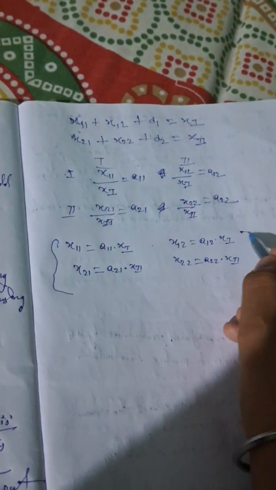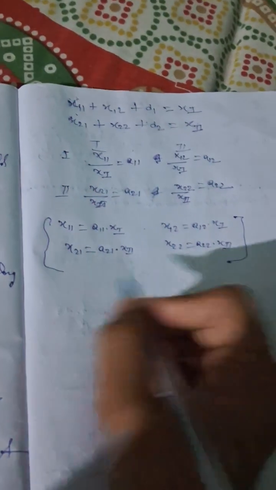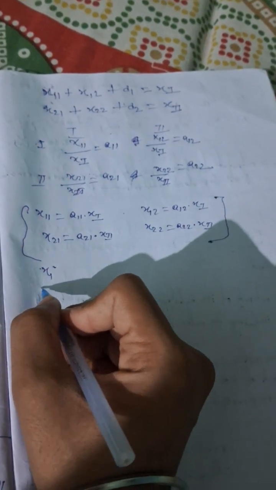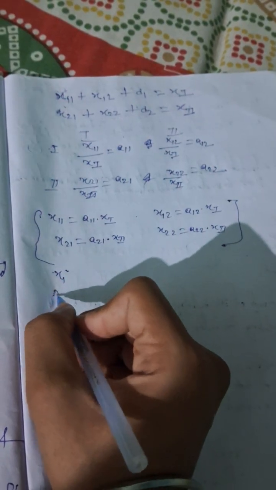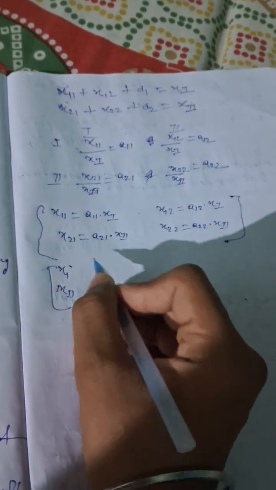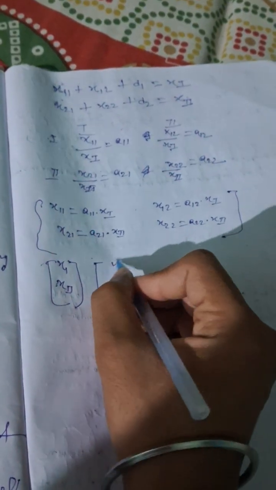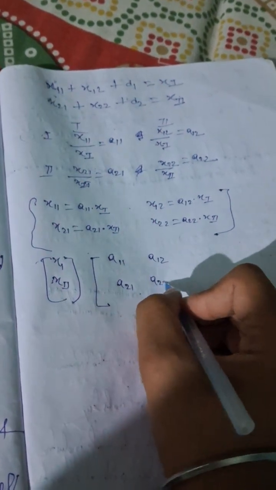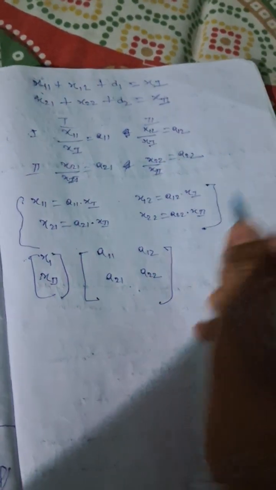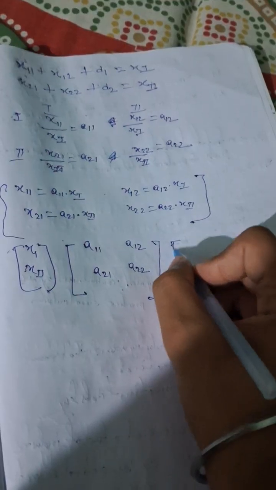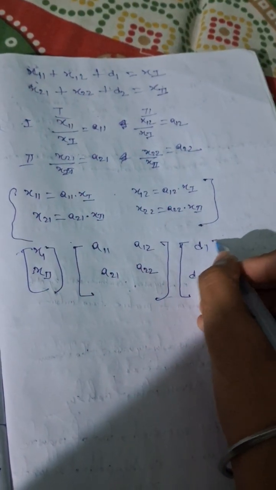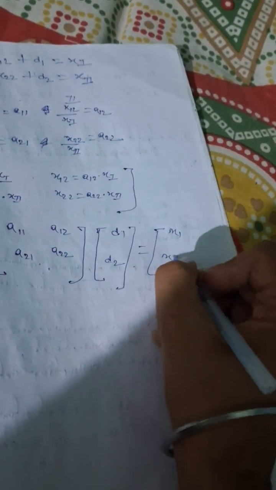From this we get our technology matrix: A11, A12, A21, A22, times X1, X2, plus D1, D2, is equal to the total output X1 and X2.